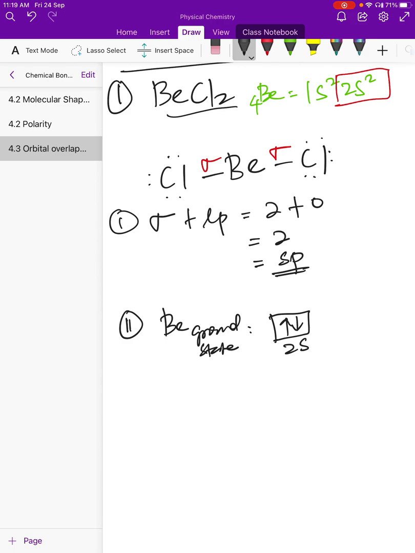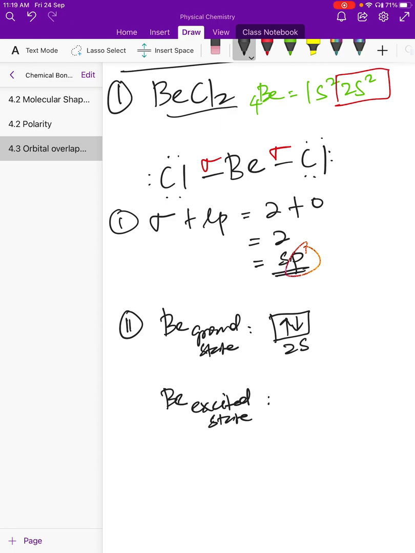The next step, we have to write the beryllium excited state. Please take note, our beryllium should have a p orbital when we do the hybridization.